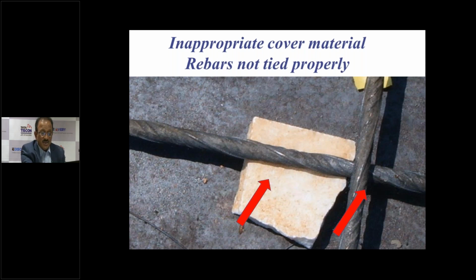And you can also see here that at the junction of these two bars, there is no binding wire, no binding at all. The bar is just placed above the bottom bar. This is not allowed. This should not be done, because if you don't tie the bar, it will get displaced, and the steel will not be placed exactly at the desired center to center distance which the structural engineer has recommended.